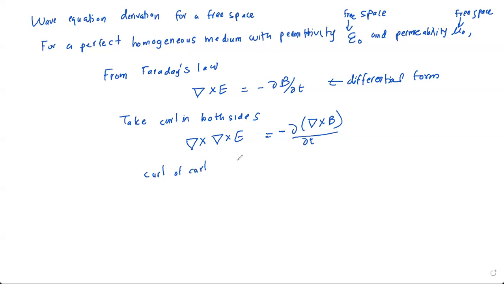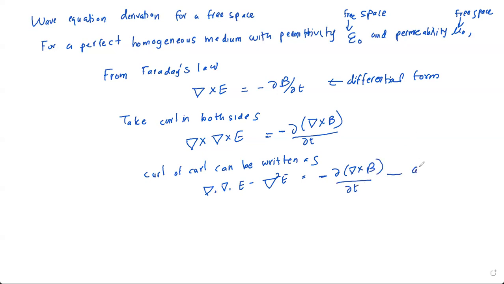Curl of curl can be written as the gradient of the divergence of E, minus the Laplacian of E, equal to minus the partial derivative of the curl of B with respect to t. Let's name that equation A, for example.